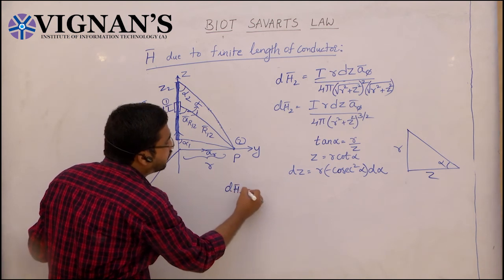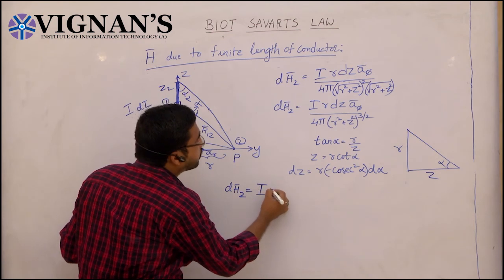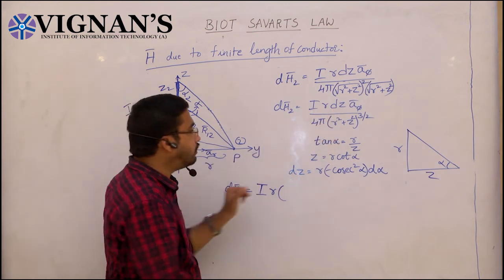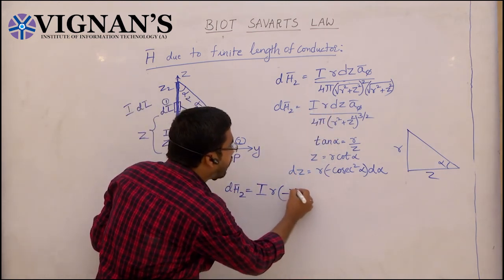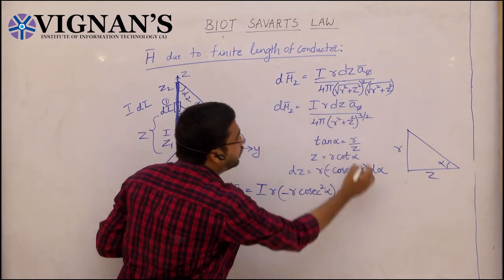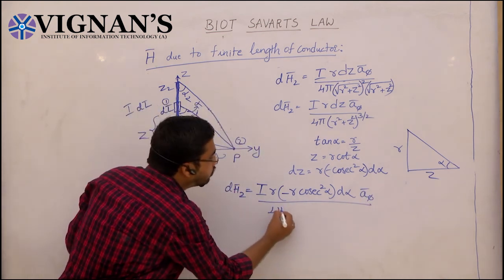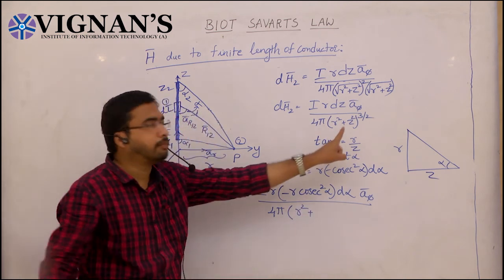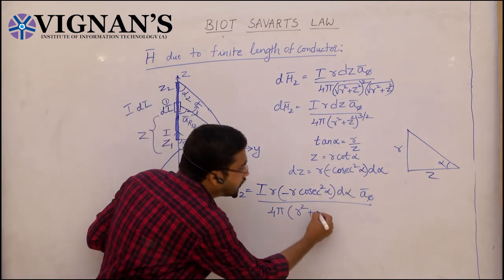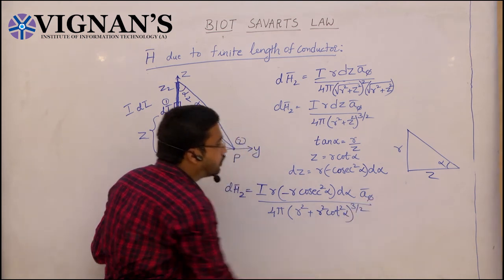So dH, differential magnetic field intensity at this second point P, is equal to I R into, in the place of dz I am substituting minus R cosecant square alpha d alpha into A phi divided by 4 pi into R square plus, in the place of Z, R cot alpha, that is R square cot square whole power 3 by 2.